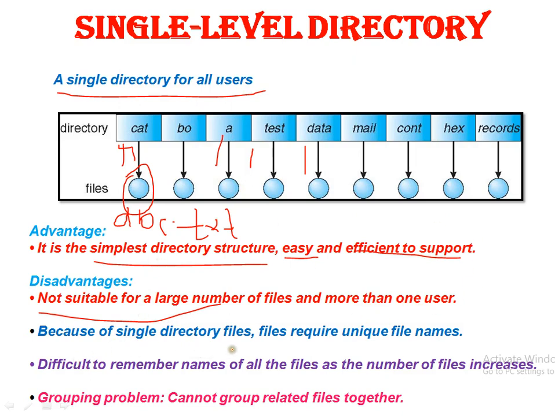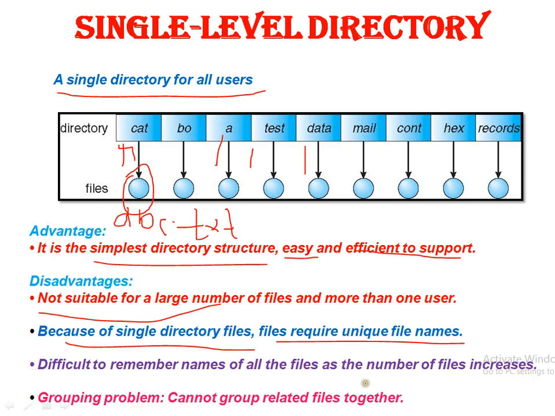Next, because of the single directory, files require unique file names. Each and every file must be unique. The file names should not repeat. Next, it is difficult to remember the names of all the files as the number of files increases.